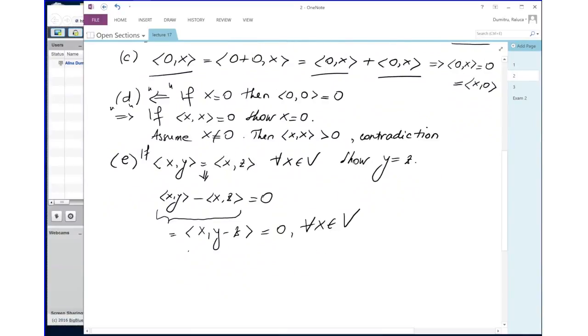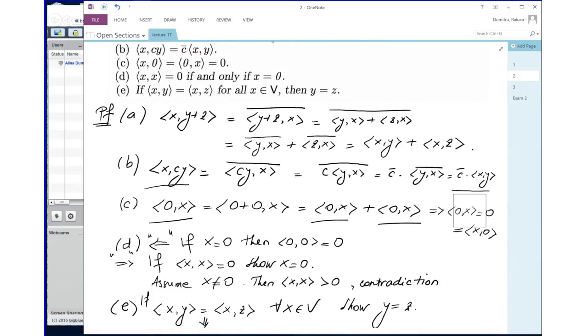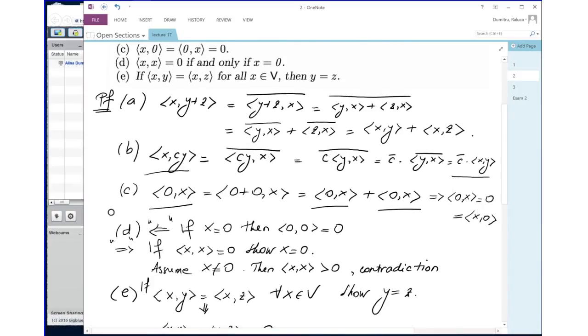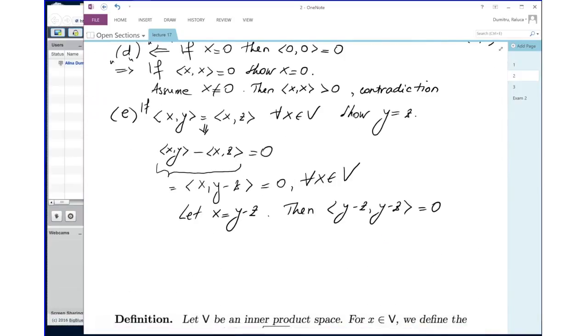Okay, if it holds for every x, then I'm going to use one that I like, which is this one. Why do I like this one? Because of property D. Inner product between a vector and itself is 0 only when the vector is the 0 vector.